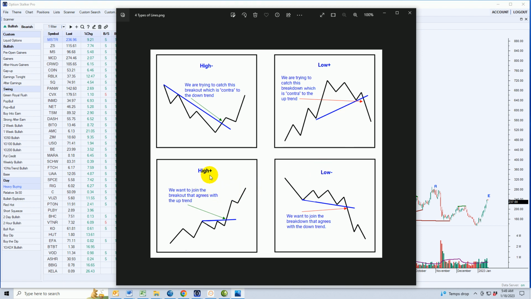So here we've got a high plus. We are connecting the highs. There you've got a very gradual slope and a breakout. These trend lines are less common because we are trying to catch the train once it's left the station. And so they are upward sloping.